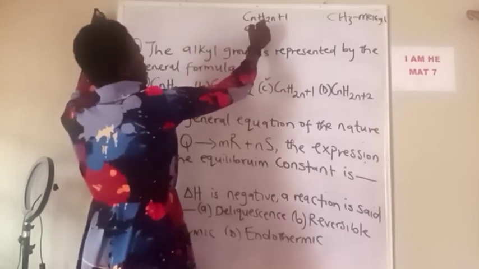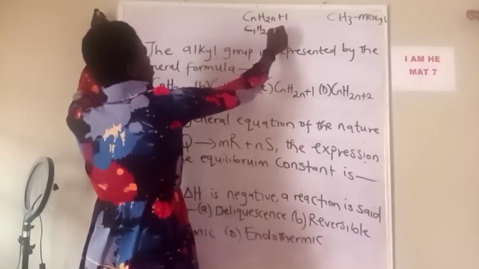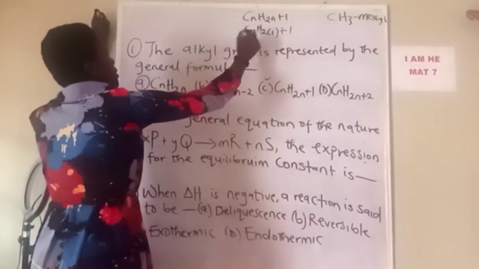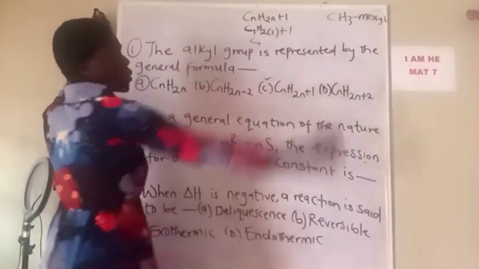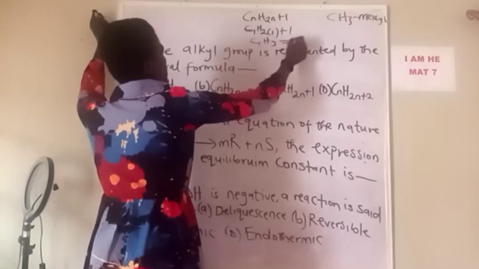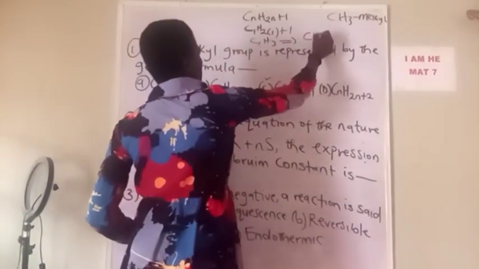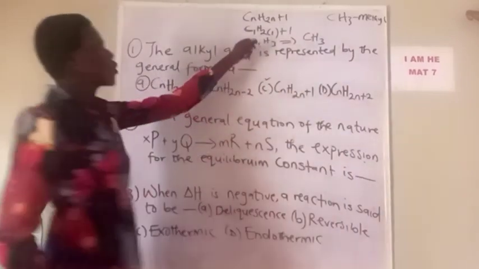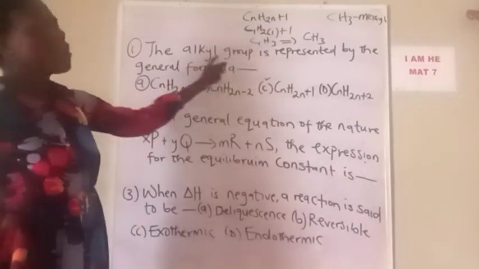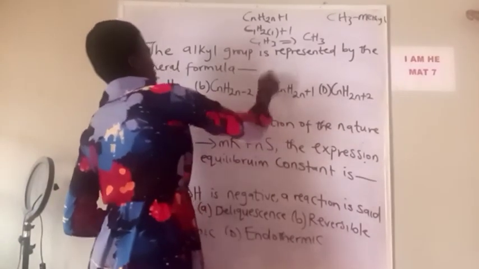So C is 1, and H is 2 times 1, plus 1. 2 times 1 is 2, plus 1 is 3. So we have C1H3, which is CH3. So this is the general formula for our alkyl group. C is the answer.